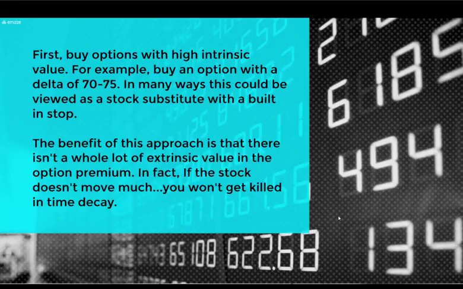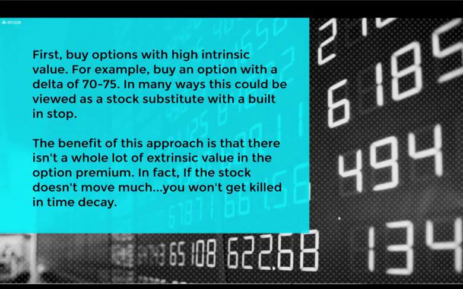For example, buy an option with a delta of 70-75. That's why a lot of my examples were 70 to 75, because I really want to emphasize that to have the most success directionally and use leverage properly, you want that intrinsic value. In many ways, this could be viewed as a stock substitute with a built-in stop.